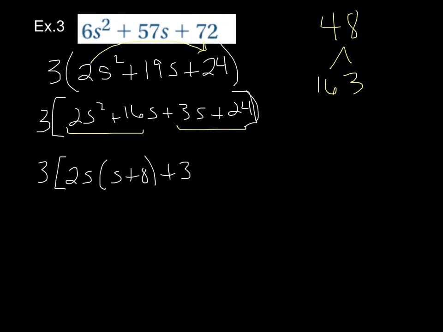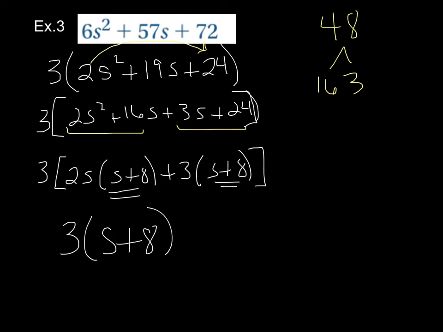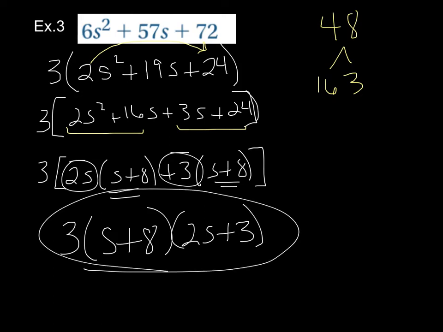I could factor a 3 from the second group, leaving an s plus 8. So I've got the 3. My common factor in my groups is the s plus 8. And what's left over is the 2s and the plus 3. And there is my completely factored form.